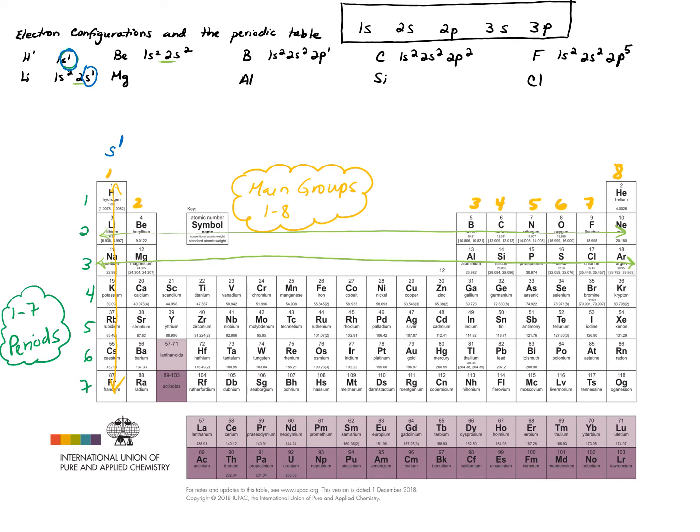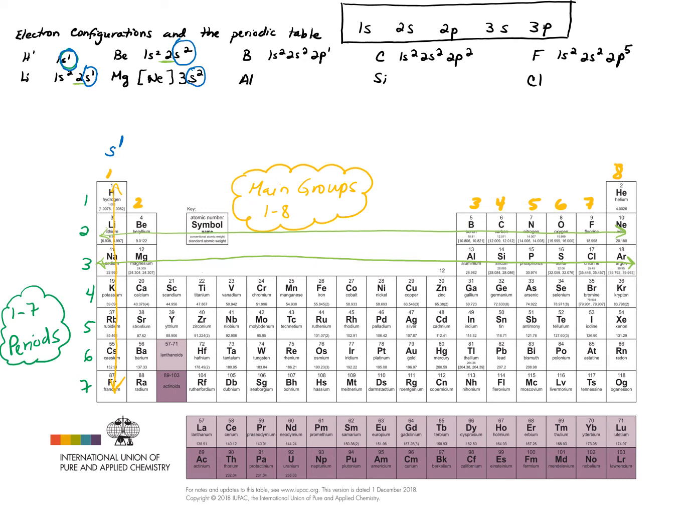Now, when you look at the electron configuration for beryllium, beryllium ends in s2, and beryllium is in group 2. Group 2, s2. If we write down the electron configuration for magnesium, and I'm going to write down the short notation here, it ends in s2 also.